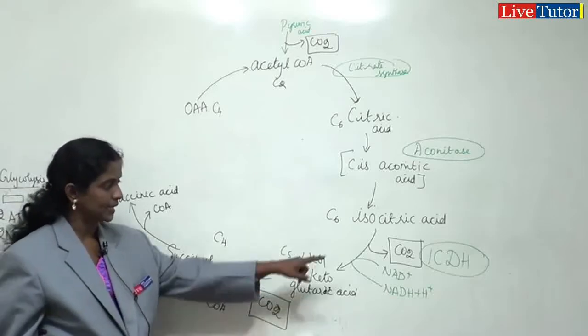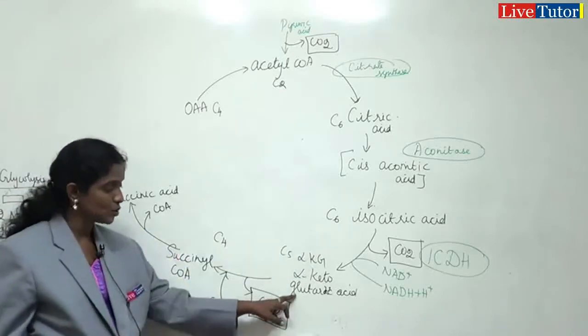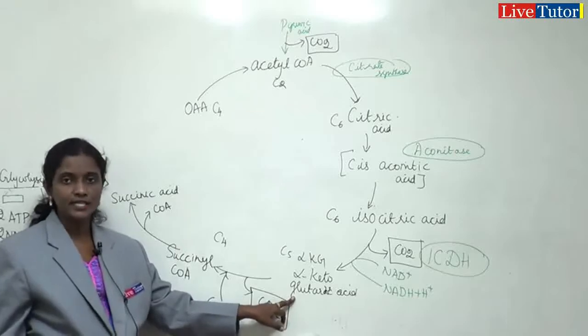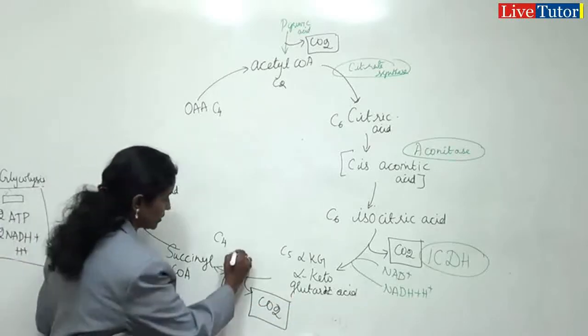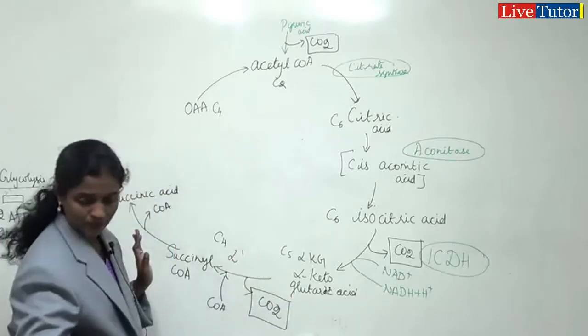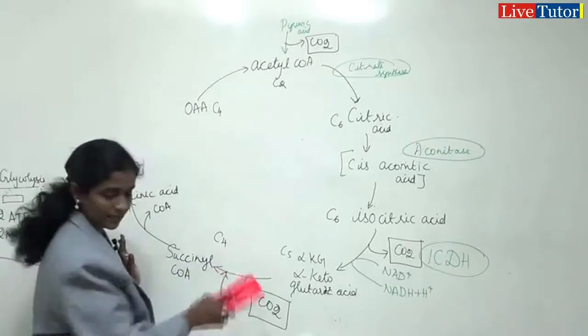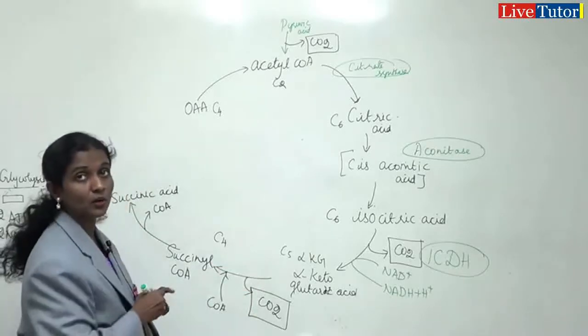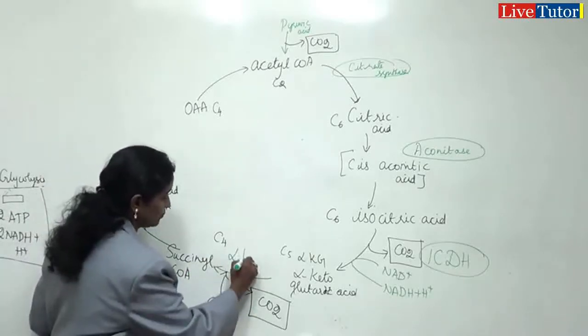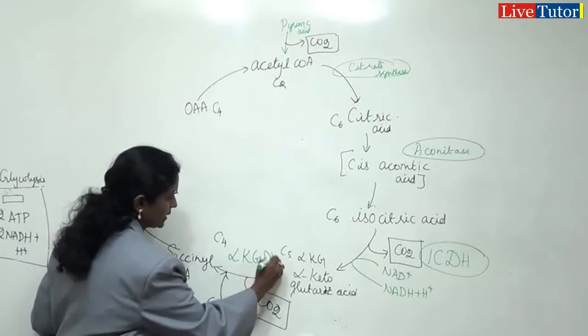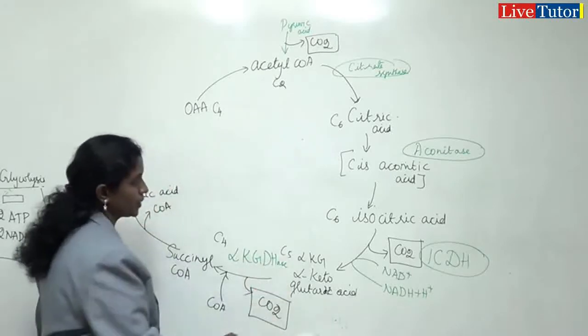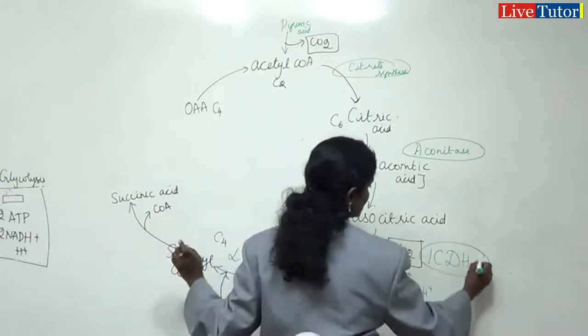alpha Kg. This is ICDH we said. Again, this is going to be alpha KGDH, which is alpha ketoglutaric acid dehydrogenase. The enzyme which is going to catalyze this, again a dehydrogenase. Are you all working out in your notebooks? Okay, alpha KGDH or DHase, whichever you prefer. So DHase, you can take it as dehydrogenase.